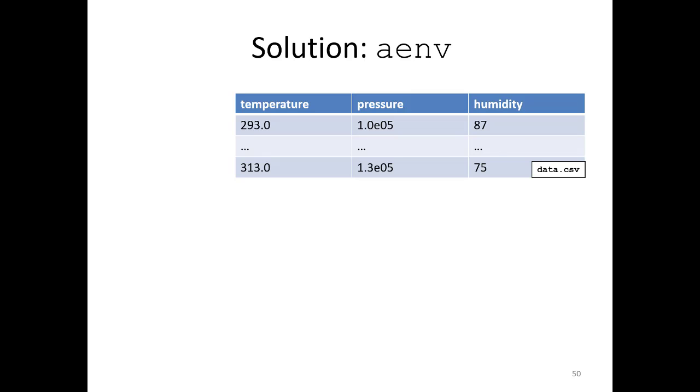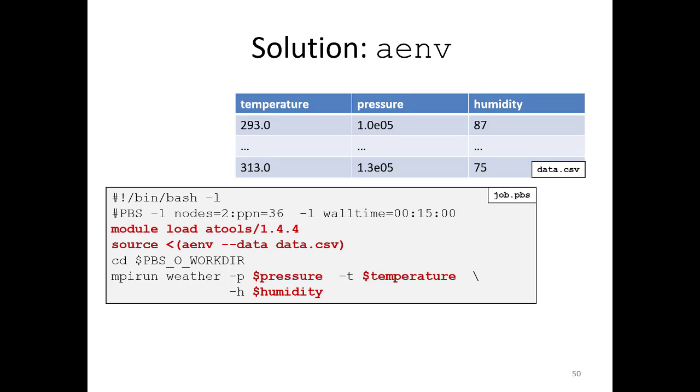So again, we start from our data CSV file, and in this case, we modify our job script slightly differently. So we start by loading the atools module, and then we source a file handle that's created by aenv, and that file handle is created based on the data.csv file.